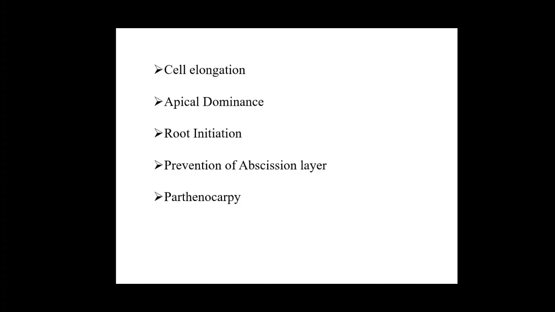Once the apex is removed, the source of auxin is also removed. Therefore, decapitated stem and coleoptile, which do not have an endogenous source of auxin, respond to the externally applied auxin.